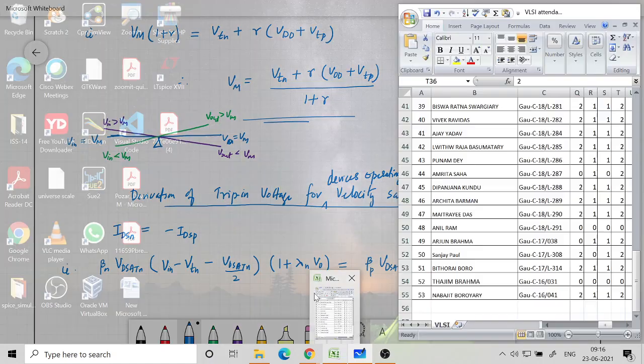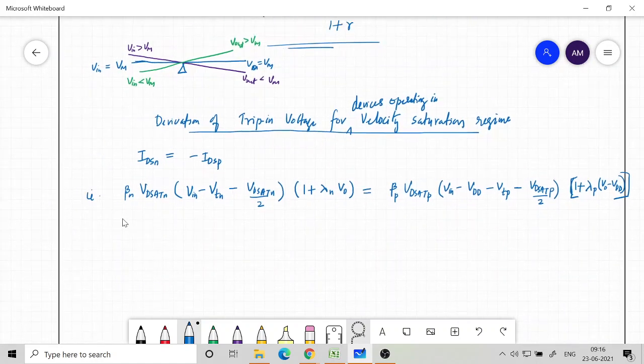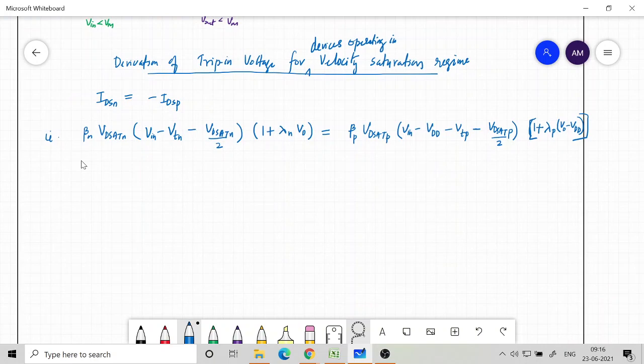So this is the expression for the current under velocity saturation condition. Beta n is, as before, Kn into W by L of n, that multiplied by VD sat into VGS minus VT.